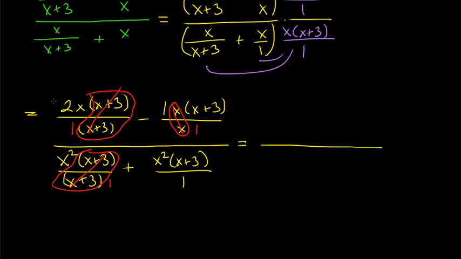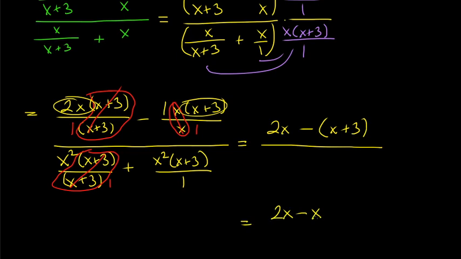So what's left in the numerator is 2x minus x plus 3. Don't forget the parentheses. It's not 2x minus x plus 3, it's actually going to be 2x minus x minus 3. We distribute the negative.